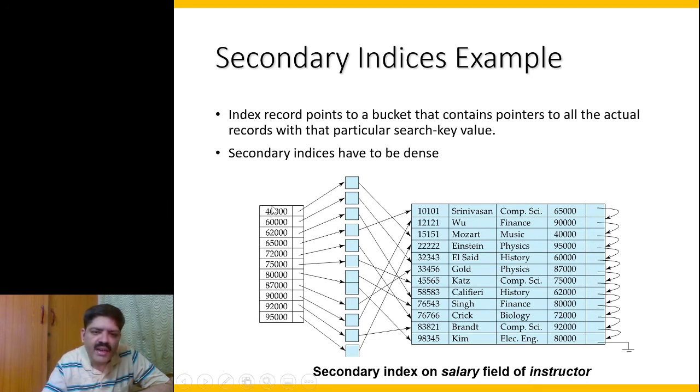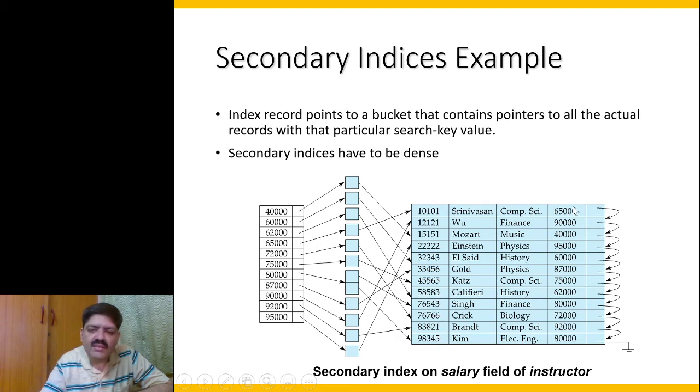So let's say I have an index file. So the index file is made of two parts. I have the key and I have a pointer. Now each index record points to a bucket that contains pointers to all actual records with that particular search key value. So let's say I have so many search key values, and let's say I want to search by salary, but my file is not sorted by salary.